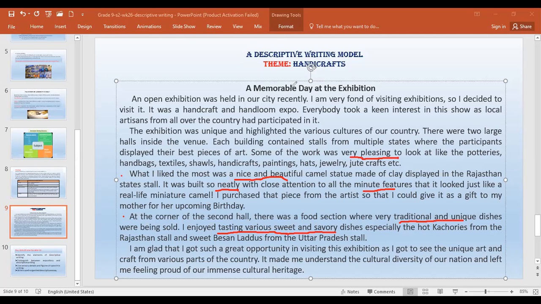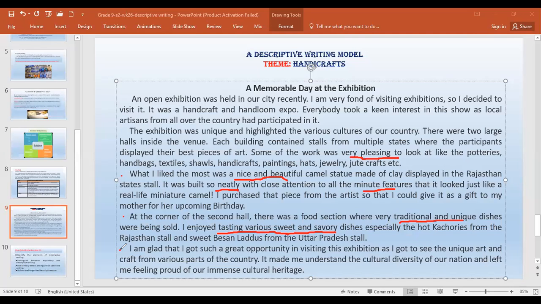Finally, the conclusion. Would you please read, Abbas? Okay. I am glad that I got such a great opportunity in visiting this exhibition, as I got to see the unique art and craft from various parts of the country.